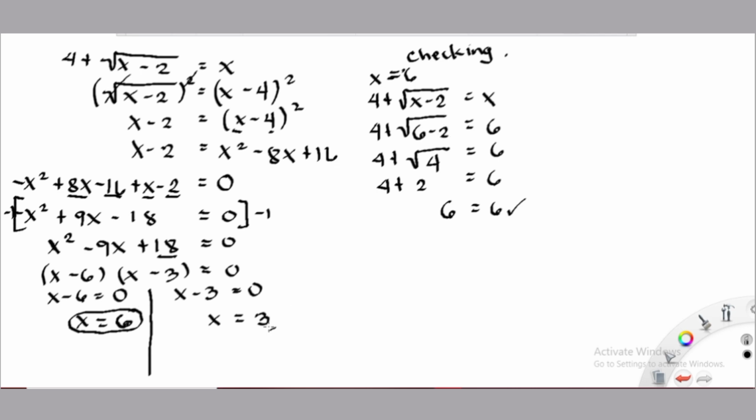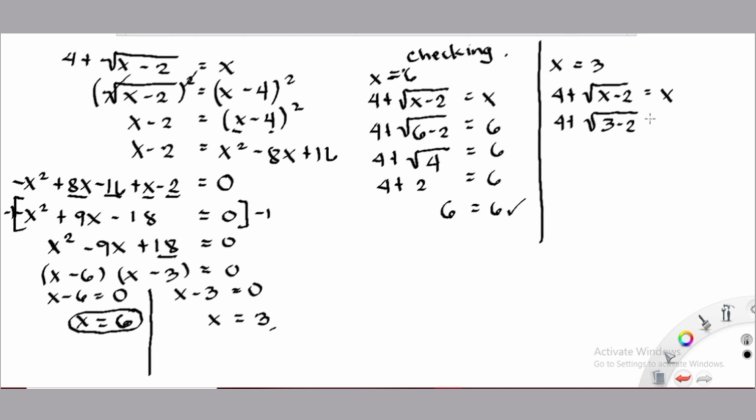Let's have the second one, x equals 3. Again, copy the original equation: 4 plus the square root of x minus 2 equals x. Let us write 3 for x. So this will become 4 plus the square root of 3 minus 2. Is it equal to 3?